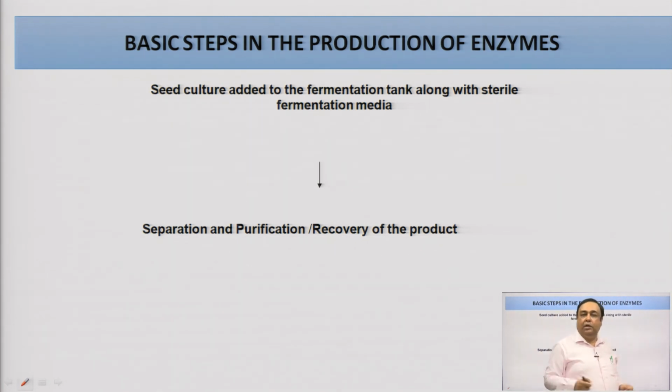So, automatically the culture will multiply, and when it multiplies it produces the product. Now, depending on the product, whether it is intracellular or extracellular, your process will change. That is what we call separation, purification and recovery of the product.